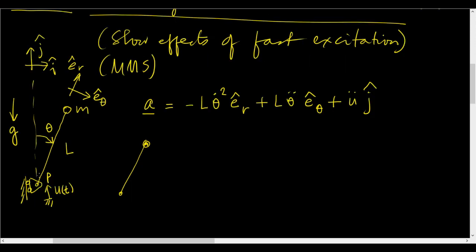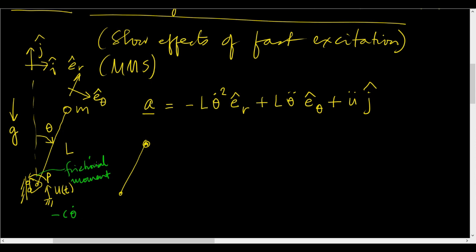So let us say that there is a moment here, a frictional moment. This is a frictional moment, minus c theta dot, because theta is going clockwise here, so we need to do it like that.